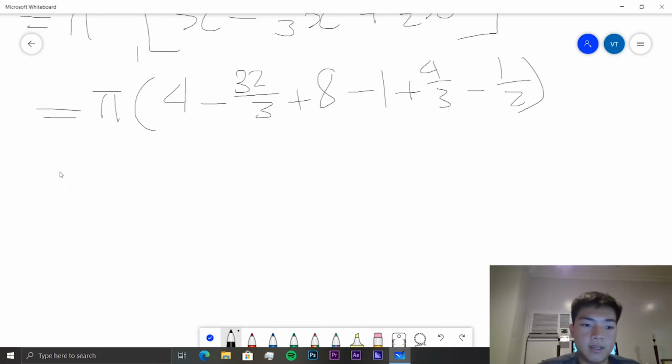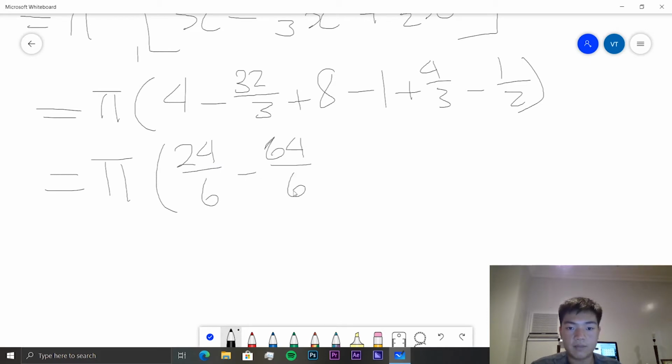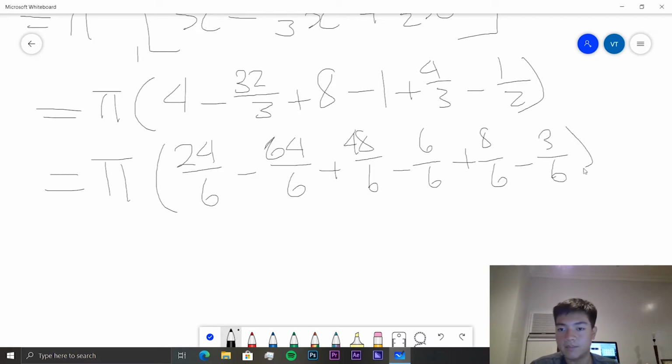Yep. So we get pi times, this would be minus 28 over 3. Let's just put it into a calculator. Actually, no, let's not. Let's convert it all over 6. So this is 24 over 6 minus 64 over 6 plus 48 over 6 minus 6 over 6 plus 8 over 6 minus 3 over 6.